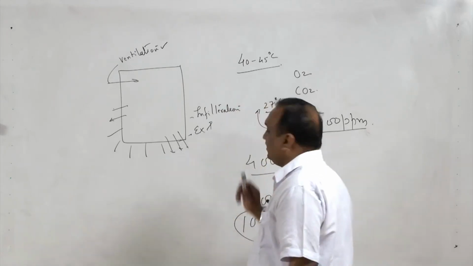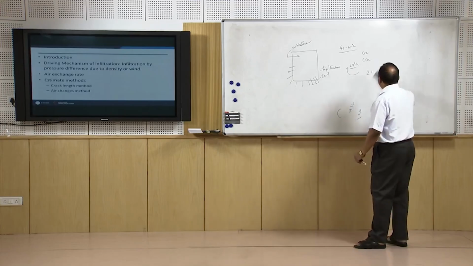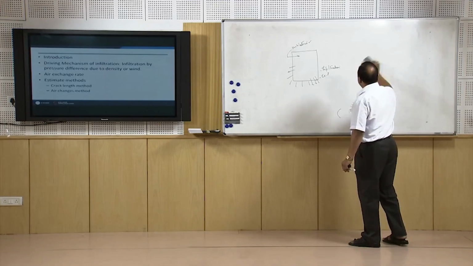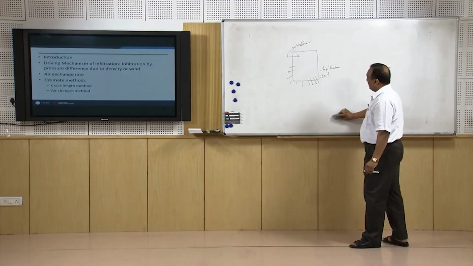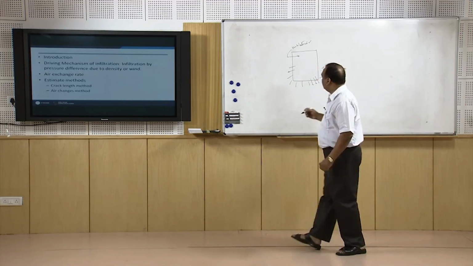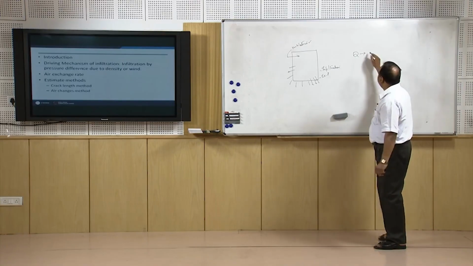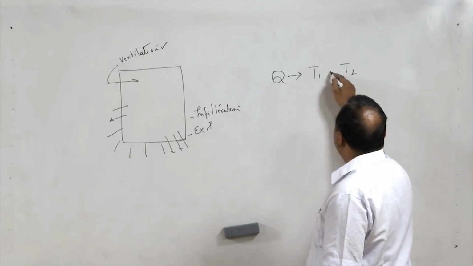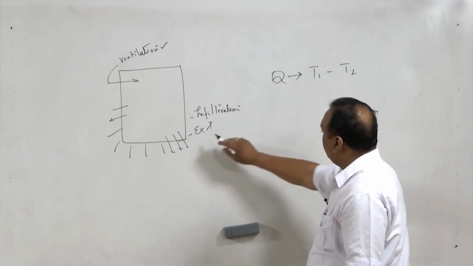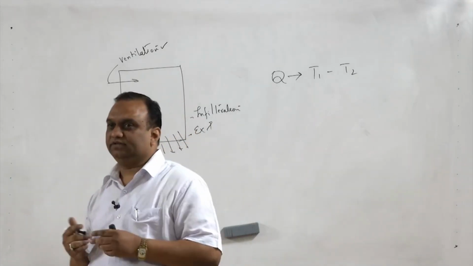Now, let us talk about infiltration. Infiltration is the undesired flow of air in the building. Without temperature difference, bulk of the heat cannot move, the heat cannot transfer without temperature difference. Similarly, bulk of the fluid cannot be transferred without pressure difference.